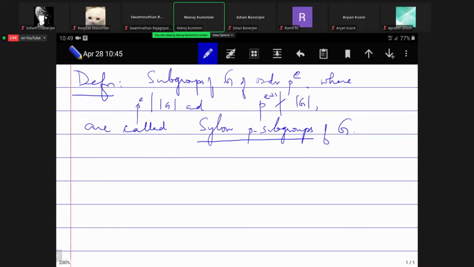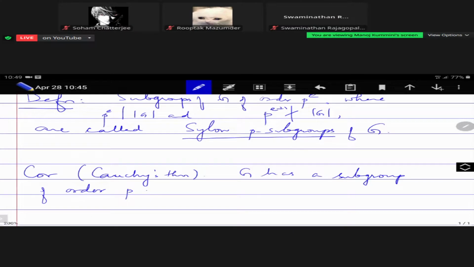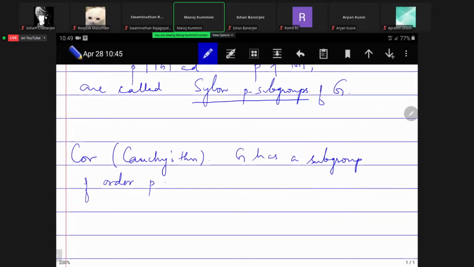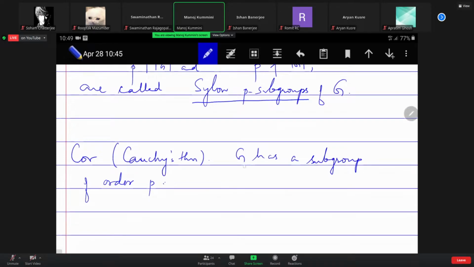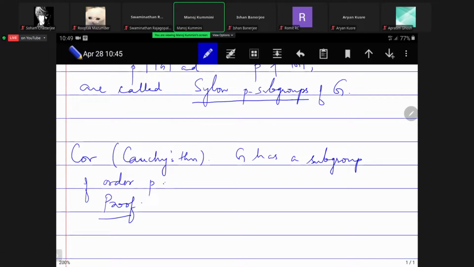And as a corollary, we can reprove Cauchy's theorem. So the first proof: take a Sylow P subgroup.